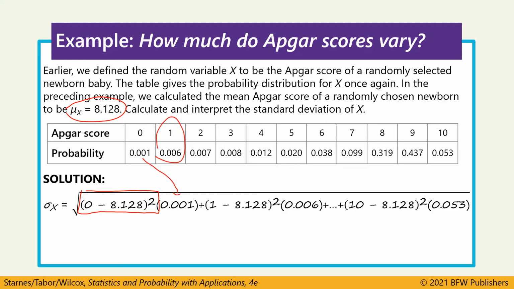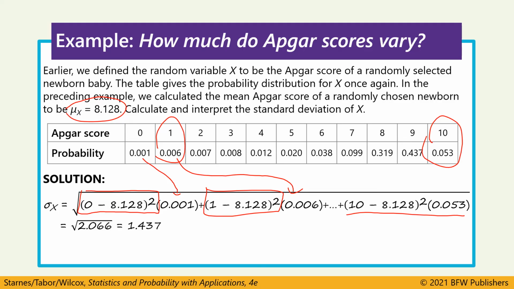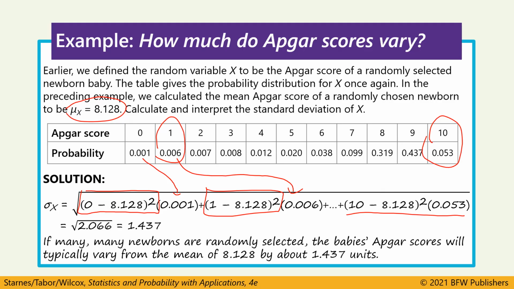On to the next one, 1 minus the mean squared times its probability, on and on until we get to the last one. Before we square root it, that's the variance. Square root the variance to get that standard deviation of 1.437. If we were to select many newborns, the babies' APGAR scores will vary from the mean of 8.128 by about 1.437 units.